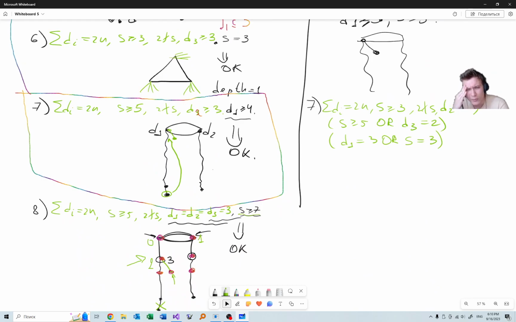Let's think how we can rewrite it. So if S equals 3, then d3 equals 2.